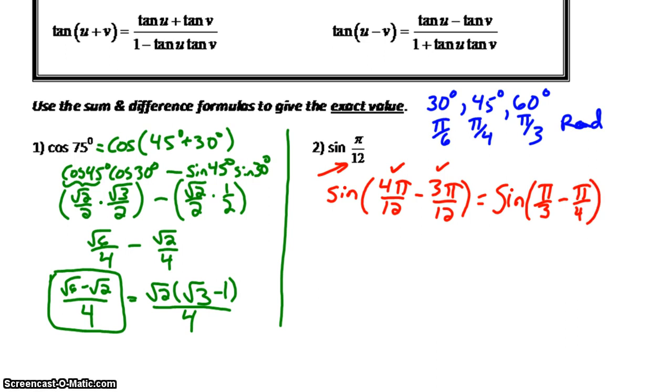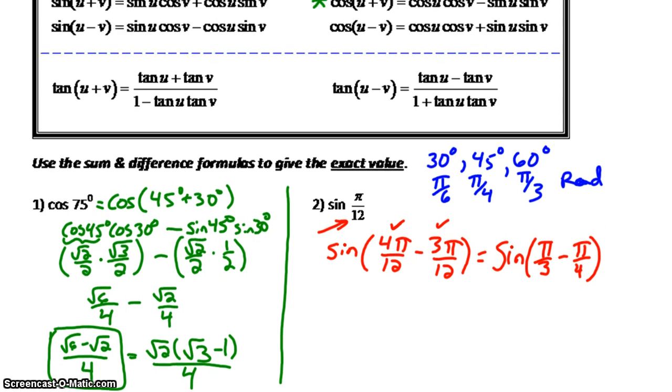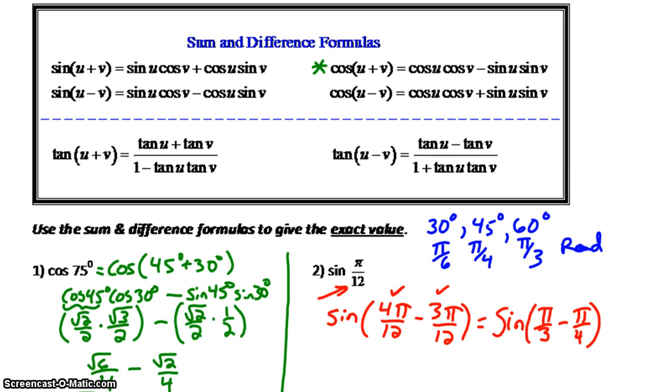Okay, now let's use our trig identity. Let me go back up and remind you that we're using the subtraction this time. So for sine, we have u minus v, so we're going to have sine u cosine v minus cosine u sine v.